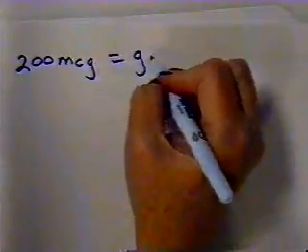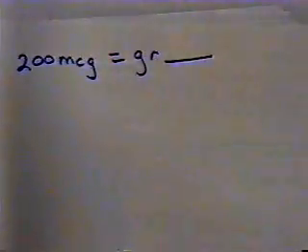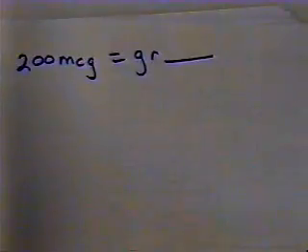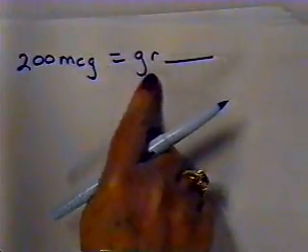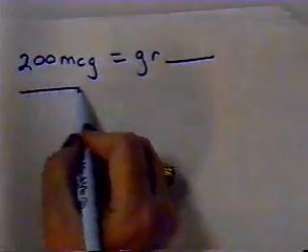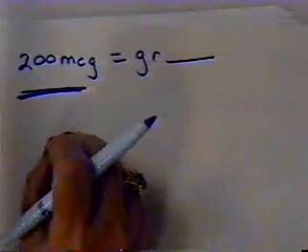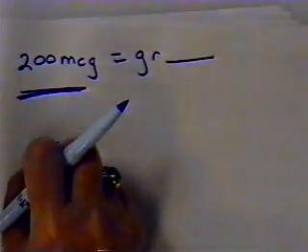200 micrograms to grains. Again, micrograms is the only one that we don't have a conversion from to grains. So we're always going to use the milligrams anytime we see a microgram.